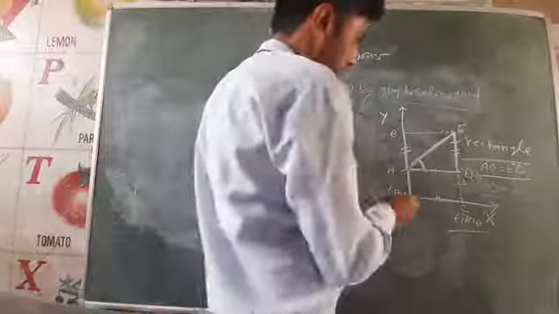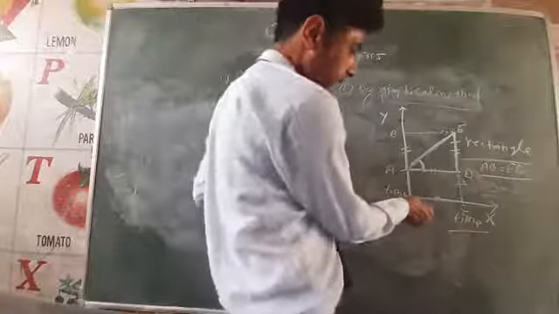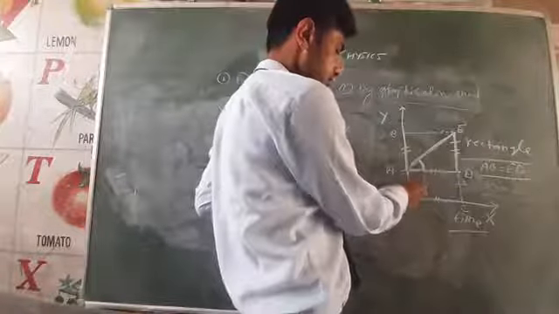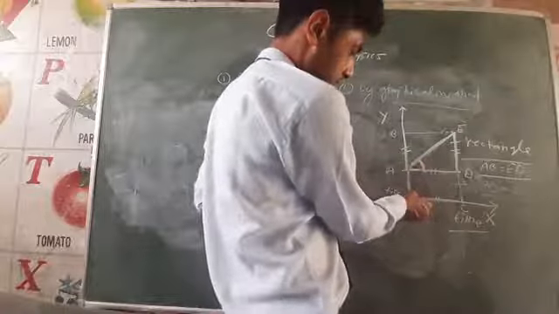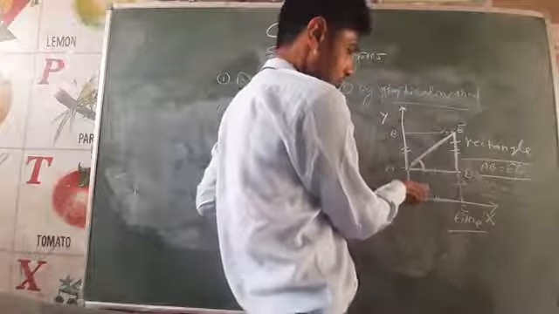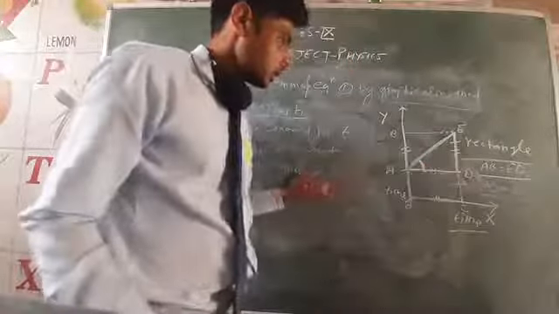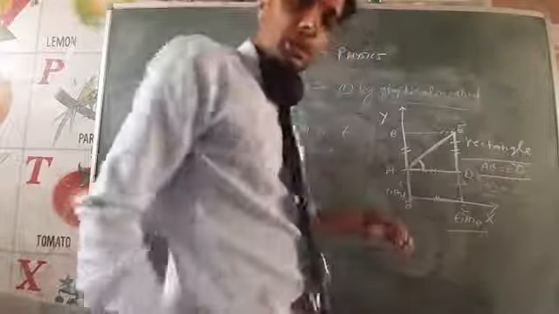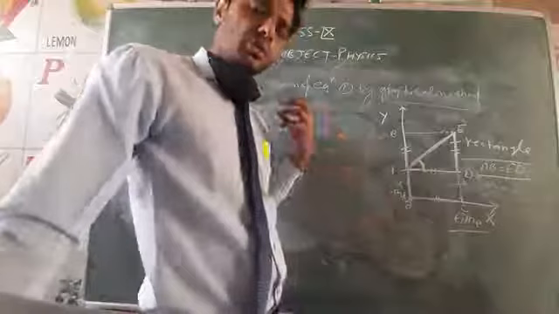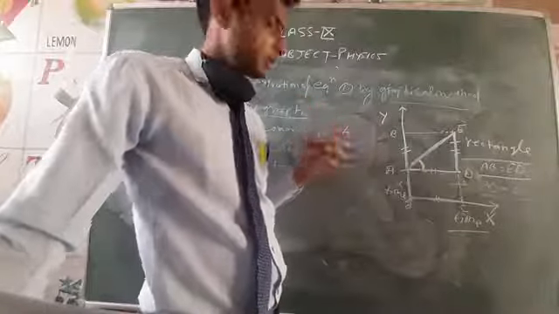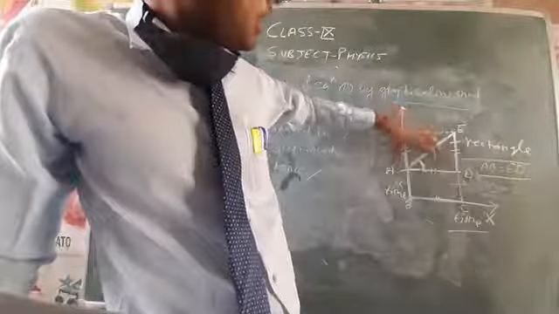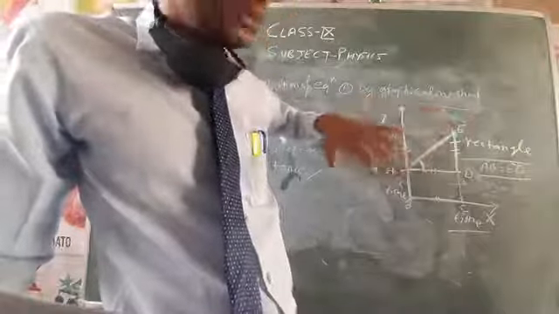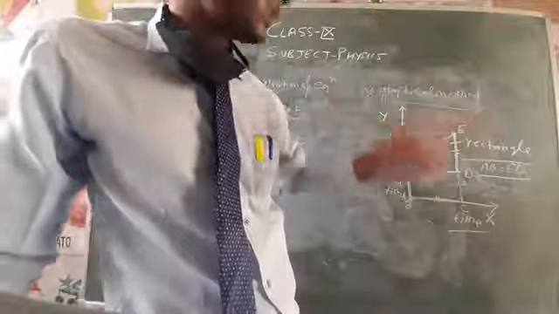As you can see, an object is moving with initial velocity u in this VT graph. After point A, there is uniform acceleration. It means a uniform rate with which the velocity starts to increase.